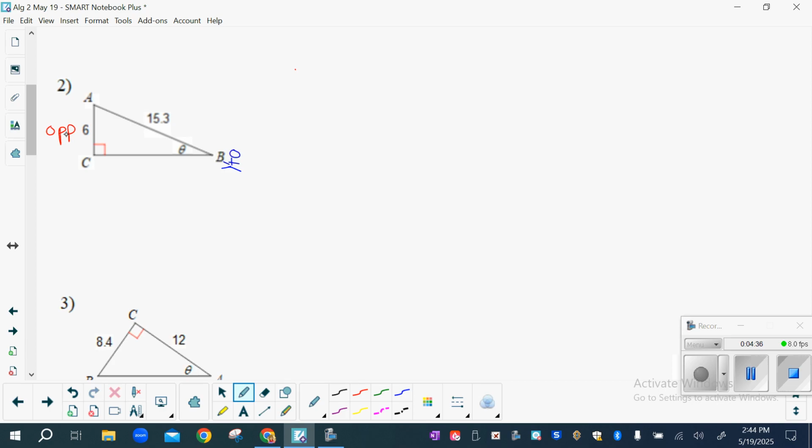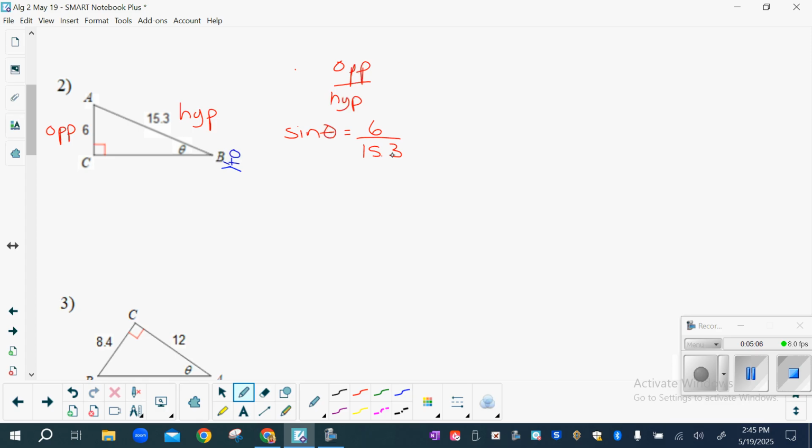What about the 15.3? Good. So somebody else in the group, which trig function uses opposite and hypotenuse? Good. So we are going to find the sine of theta equals the opposite over the hypotenuse. So the opposite would be 6, and hypotenuse would be 15.3.